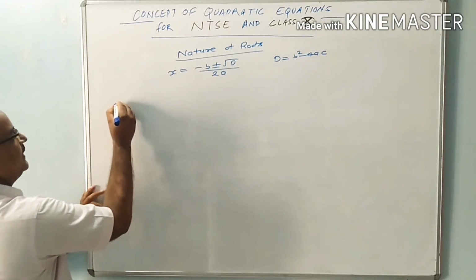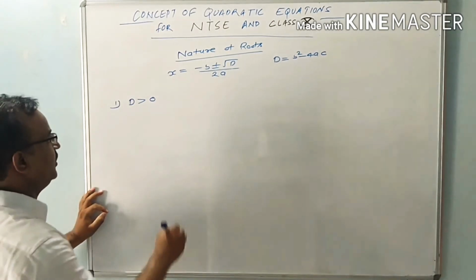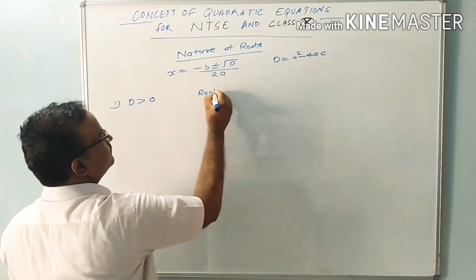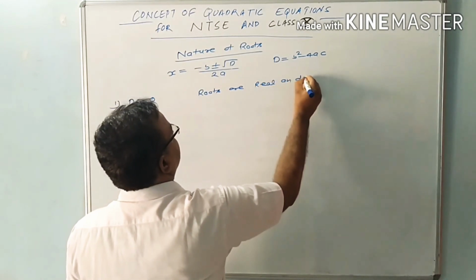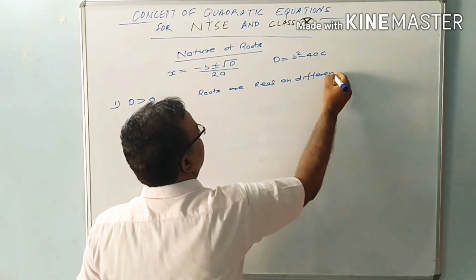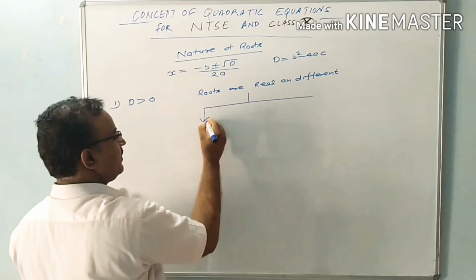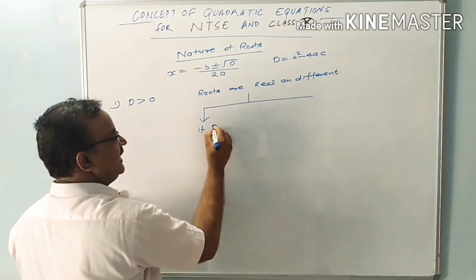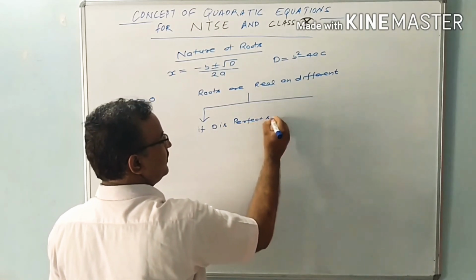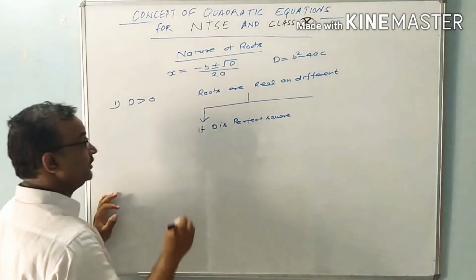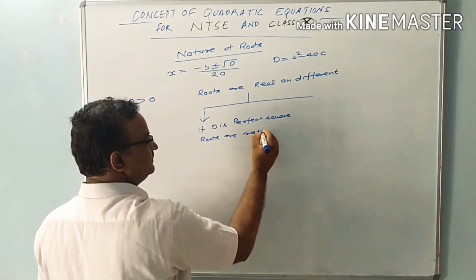So I am going to discuss here. First of all, when the value of d is more than 0, then roots are real and different. One more important thing, if d is a perfect square, then roots are rational.